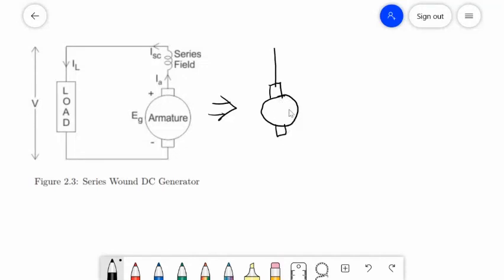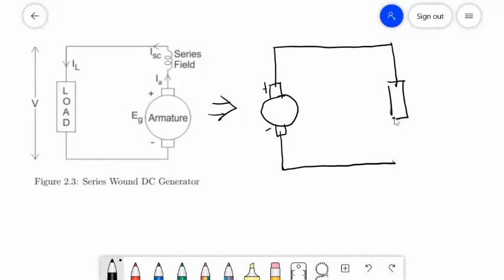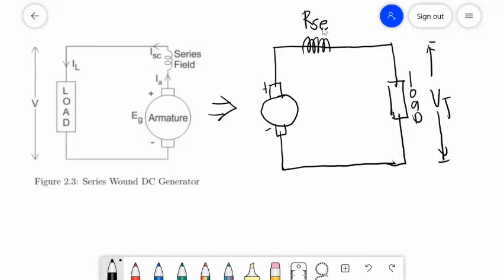This is your generator, positive and negative. Connected to the load. And across the load is your terminal voltage VT. We call it series wound because the field windings are in series. This is your RSE.